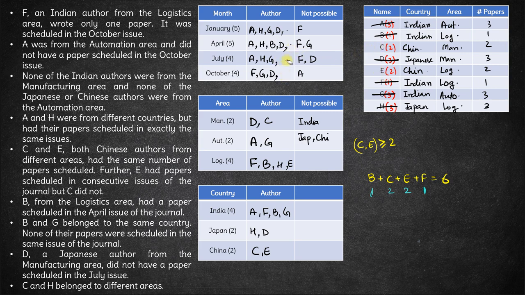Now E has to come consecutively. So can it be January and April for E? If E is January, April, then C must come in July, October, and that will make C publish in consecutive issues, which is not possible. Next, is it possible for E to publish in July, October?